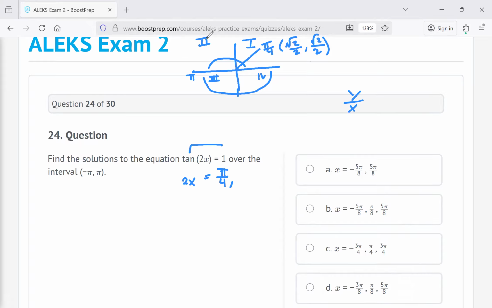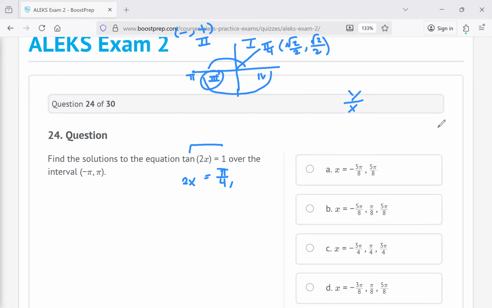I don't think we can use anything in quadrant 2, because it will never give you a positive 1, because the cosine is negative and the sine is positive. So that'll never make it into positive 1. I think we can also use quadrant 3, and let me look at my notes.